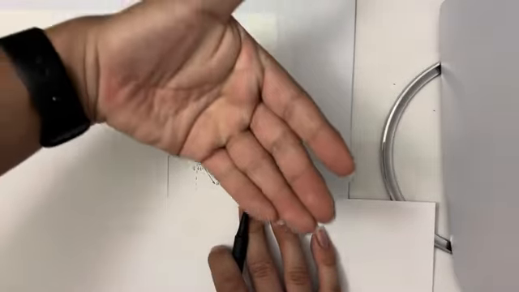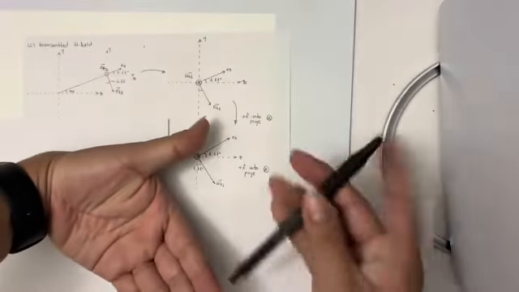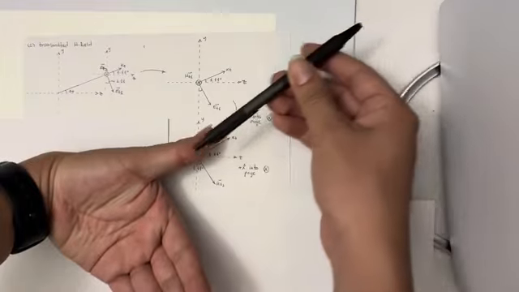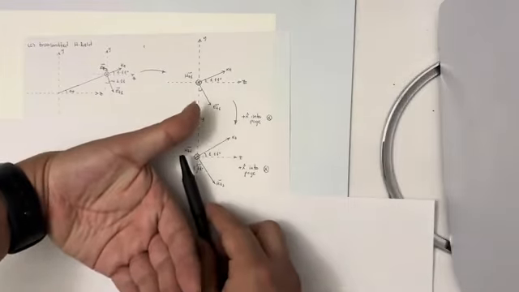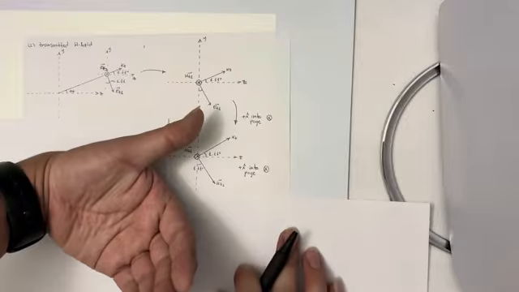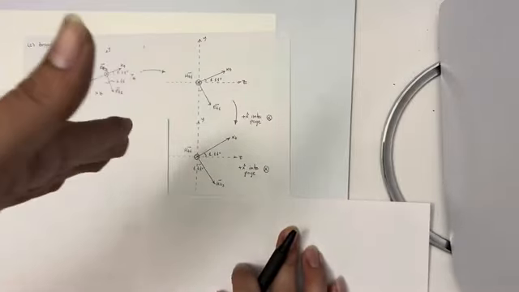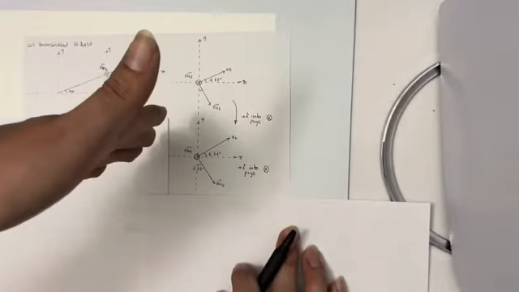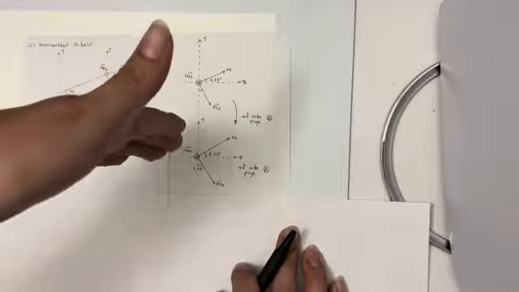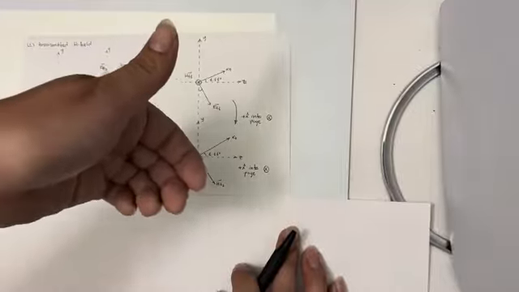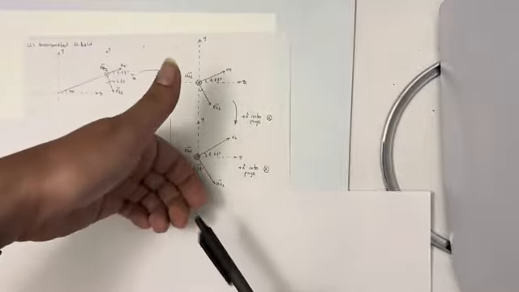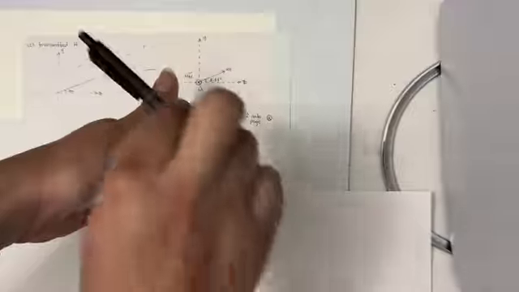And so using our left hand, K is going in this diagonal direction, HT1 is into the page, our fingers are into the page. And then therefore, when we curl, HT2 is going in this diagonal direction.